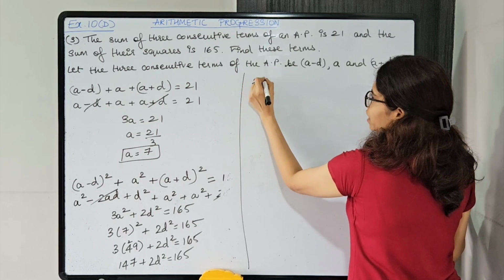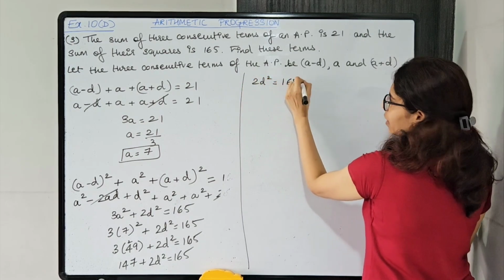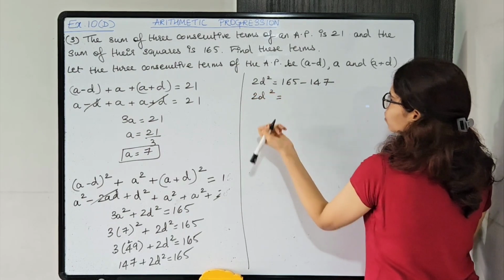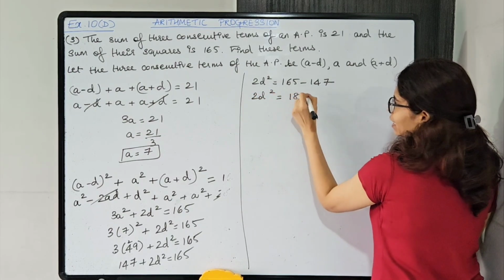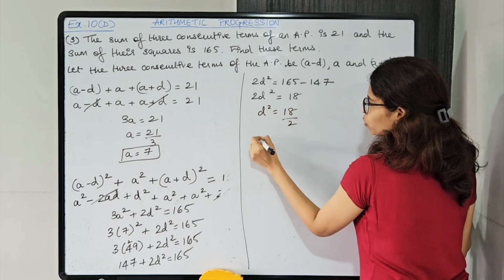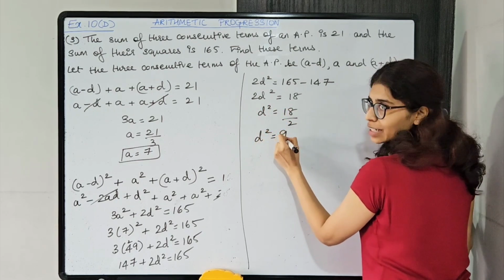So 2D square is 165 minus 147. 2D square will be 18. Correct. So D square is 18 by 2, that is D square is 9.